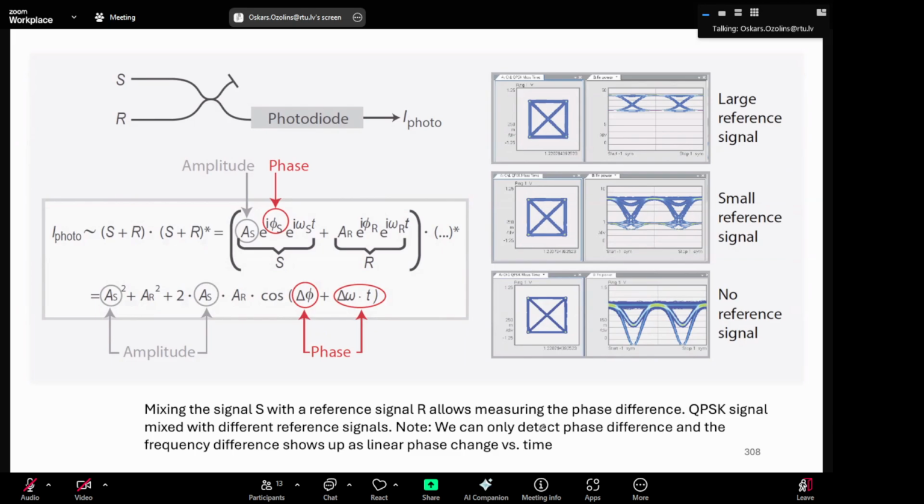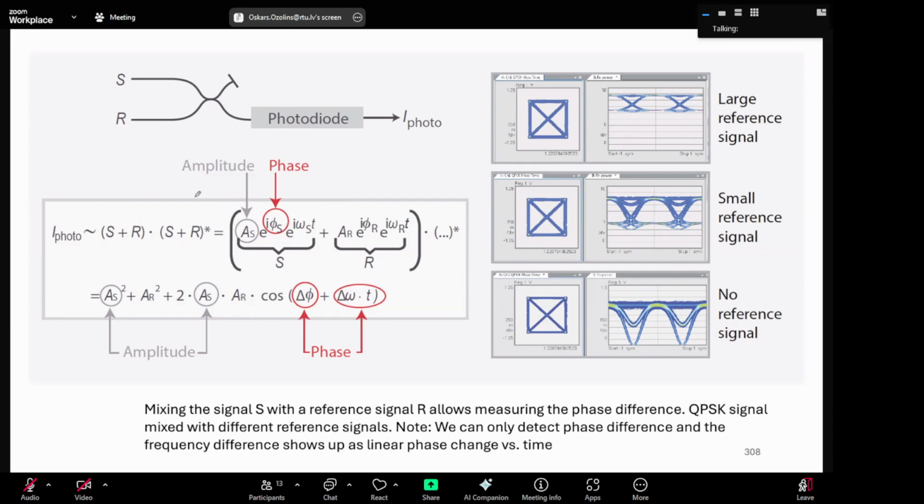So you can only measure the phase difference. So for differential phase shift keying, it works. And the frequency difference shows up as a linear phase change versus time. So it's also important for this reference signal that the frequency difference is not large. So in the case of the example I gave you with a one symbol delay interferometer, you have the same frequency because it's the same copy of the signal.